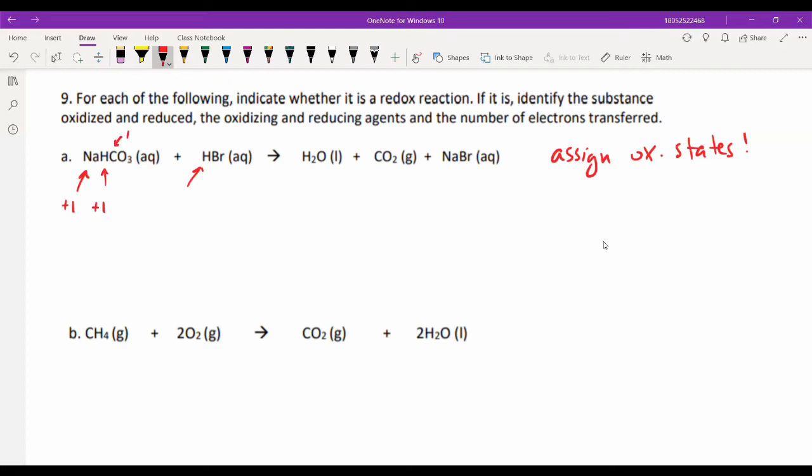I'll write this one up here, +4, -2. Okay, and then we have +1 and -1. So if this is again not really clear yet, maybe pause the video, work on this on your own, take some time to assign them, see if you can get these and then come back.